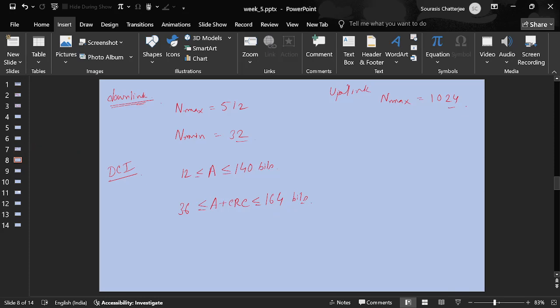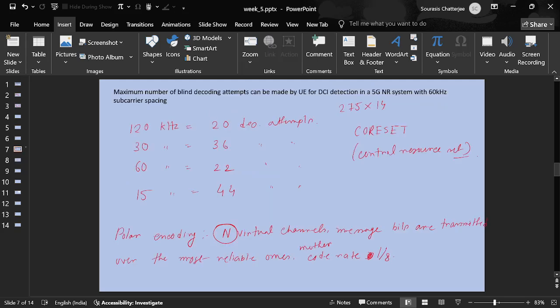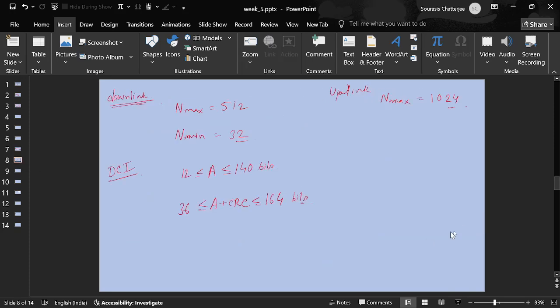So let's come back to the idea of polar encoding here. We are creating n virtual channels. Message bits are transmitted over the most reliable ones. And what is the math expression here, by the way, for the polar encoder?